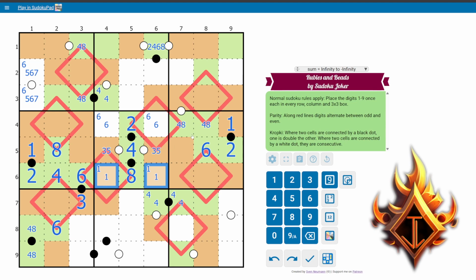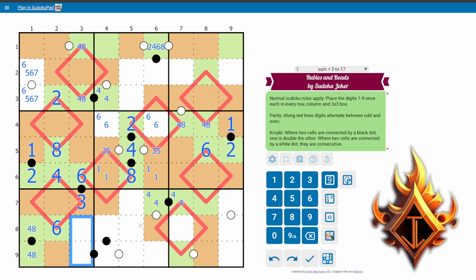Not quite sure. Maybe there was some 1 stuff in there somewhere, I think. 1, 2. Or maybe rows and columns. Do I have any more? It's this one. This was 2.